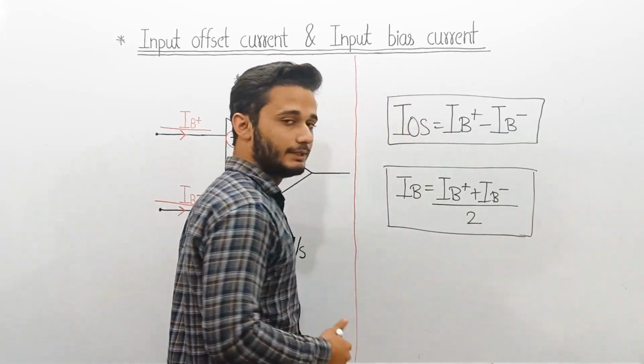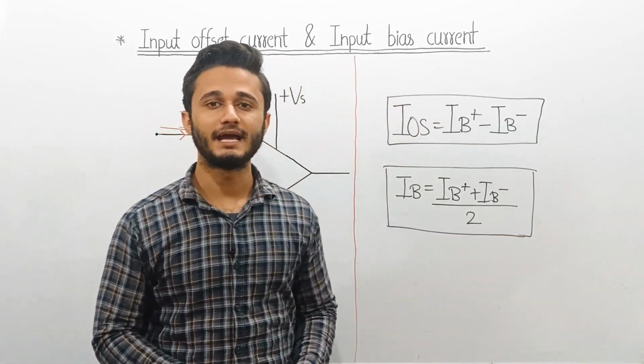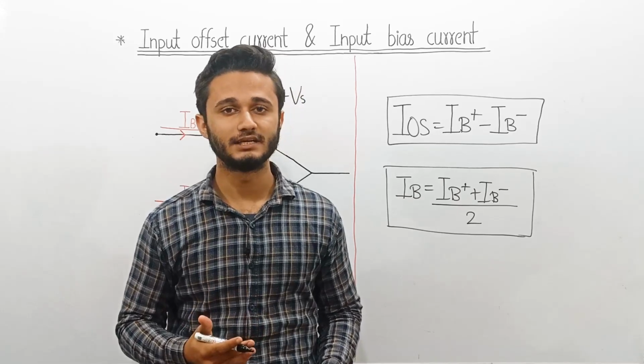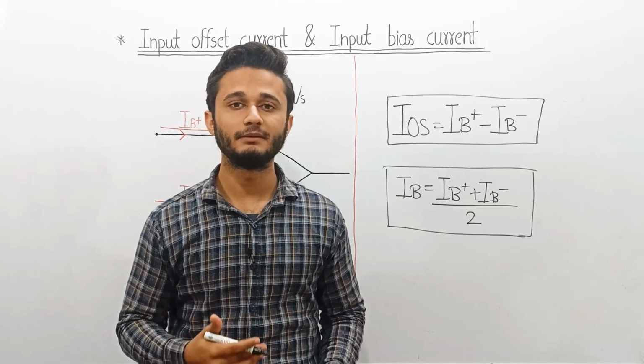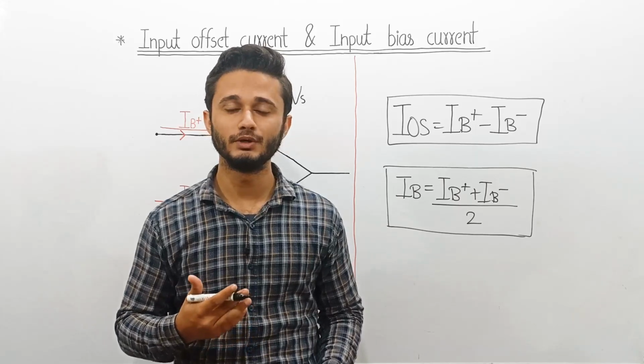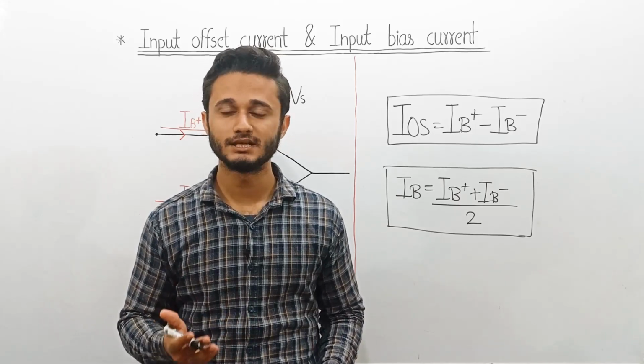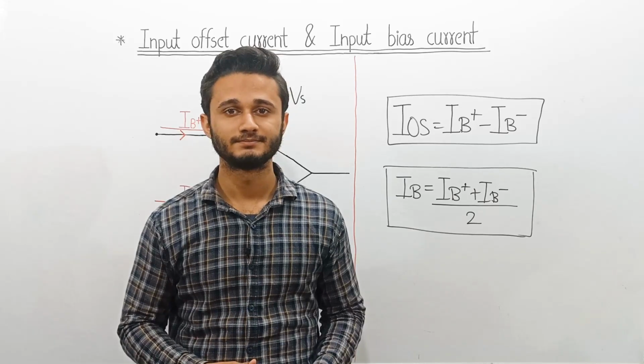So input offset current can be defined as the difference between input bias currents IB+ and IB-, and input bias current can be defined as the average of two input bias currents IB+ and IB-.